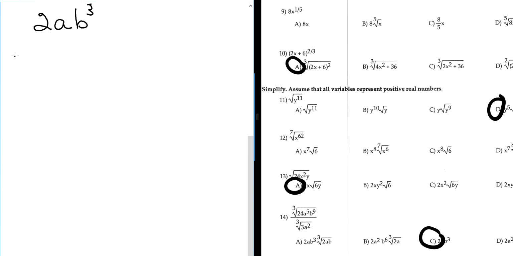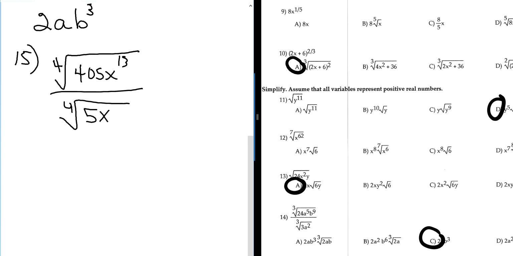How about number 15? Okay, same concept. If I were to rewrite that, I could make this whole thing under the radical this way, making it the 4th root of 405x to the 13th divided by 5x.